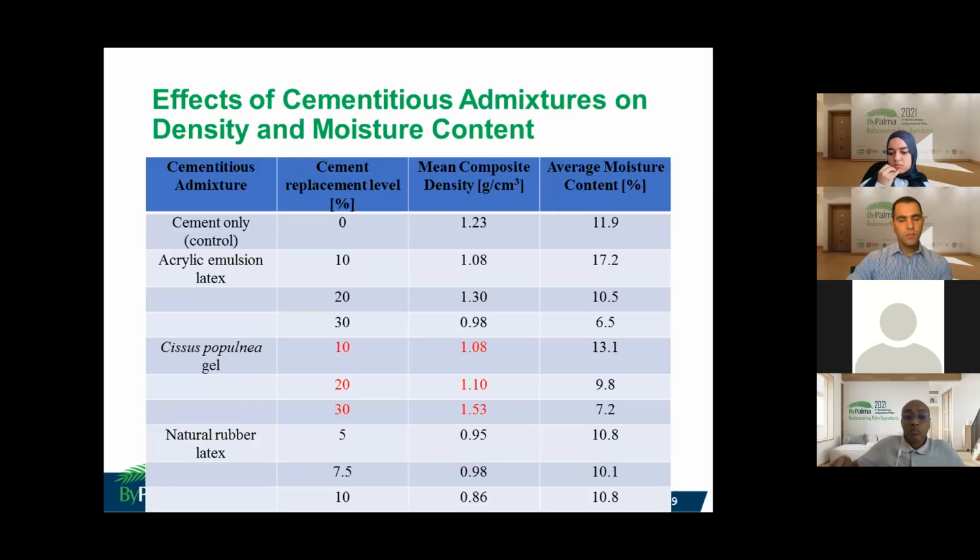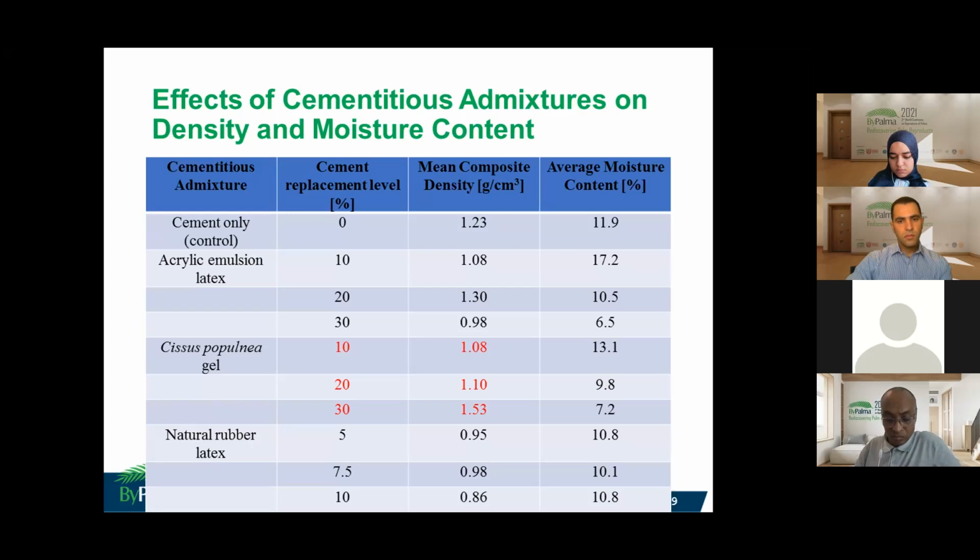These are some of the results we obtained. We actually did more than what is reported here. For example, we determined the thermal conductivity and the impact strength, but those are not presented here. Hopefully, they will be presented in the full paper.